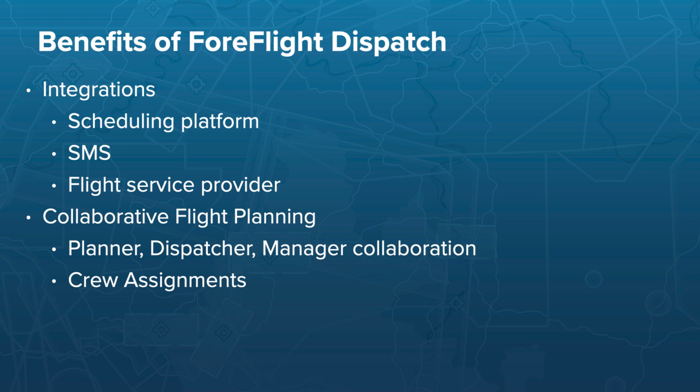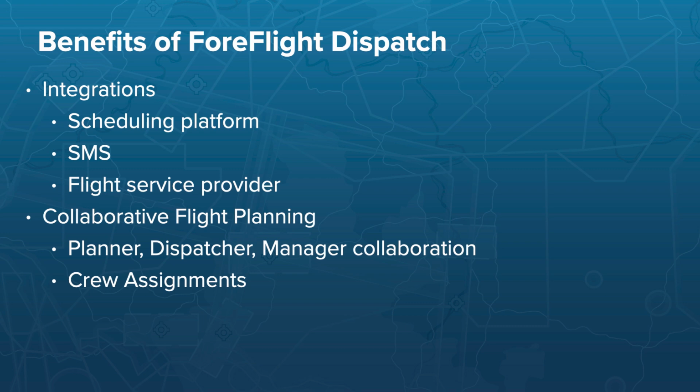And just to highlight a couple of the capabilities to really hone in on some operational needs that might fit for you, Dispatch is going to have an integration capability to make it an end-to-end workflow that feels native. You're going to have a scheduling program up front that feeds into the ForeFlight ecosystem, building flights on your behalf, eliminating redundant data entry, and eliminating the possibility for errors in that process.